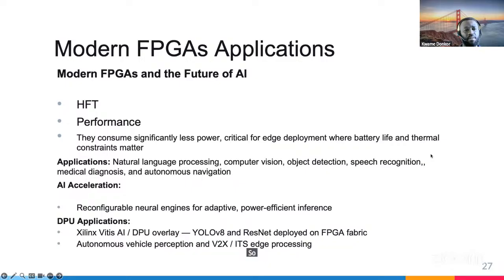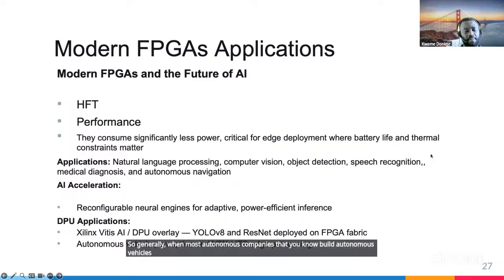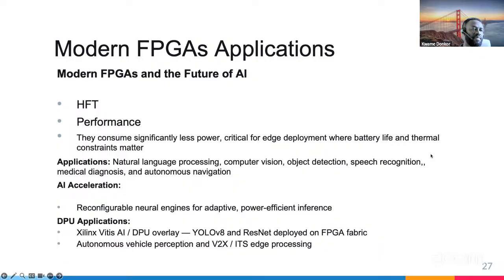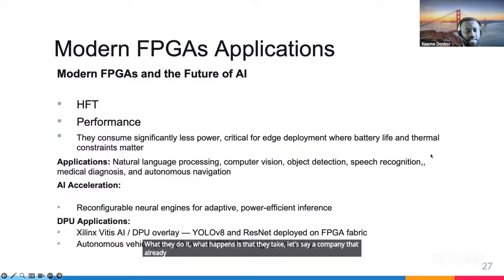So generally, when companies that build autonomous vehicles start off, they usually seek partnership with OEMs, which are car manufacturers, and then they look for tier one suppliers. They take a company that already has a platform that does the intelligence. It could be an FPGA, yes.